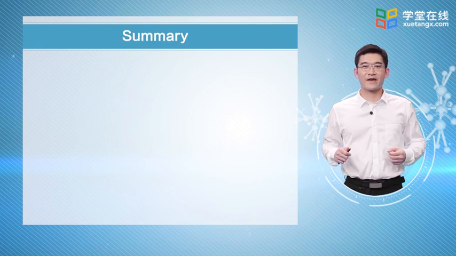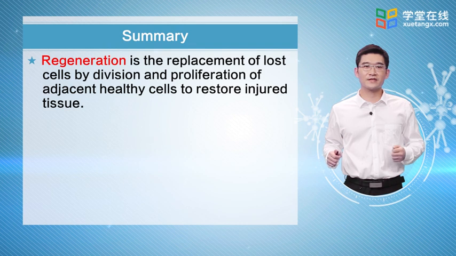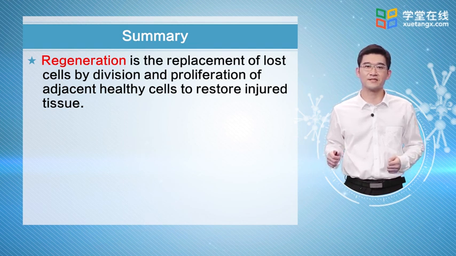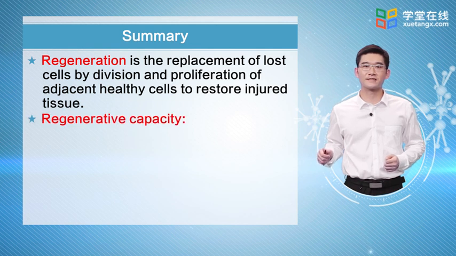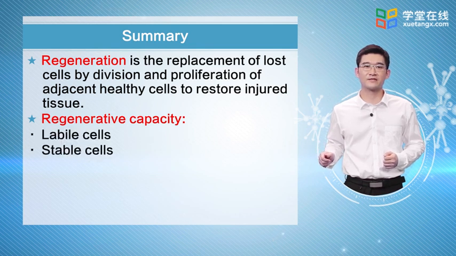Now, let's have a quick review of this section. Regeneration is the replacement of lost cells by division and proliferation of adjacent healthy cells to restore injured tissue. Based on the regenerative capacity, all tissue cells can be divided into labile cells, stable cells, and permanent cells.